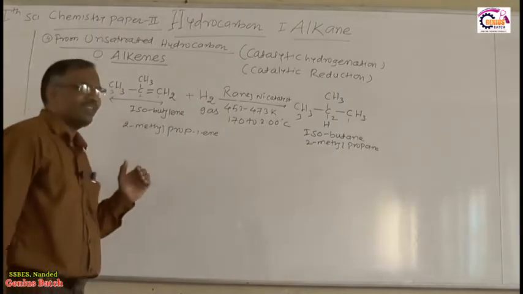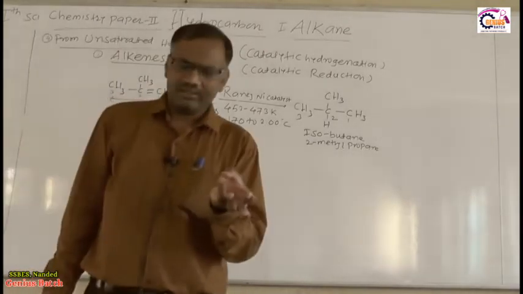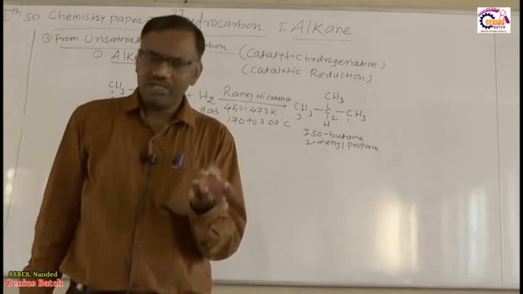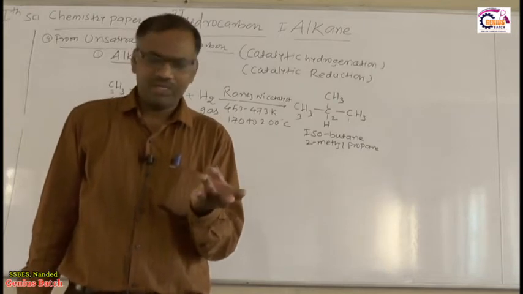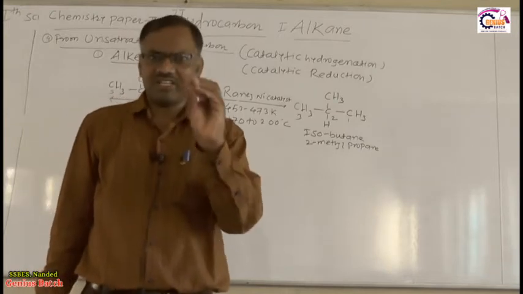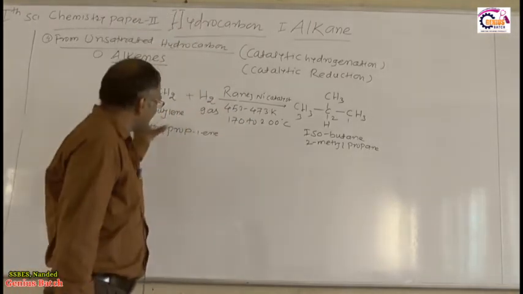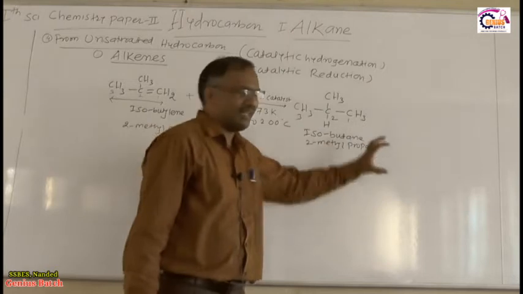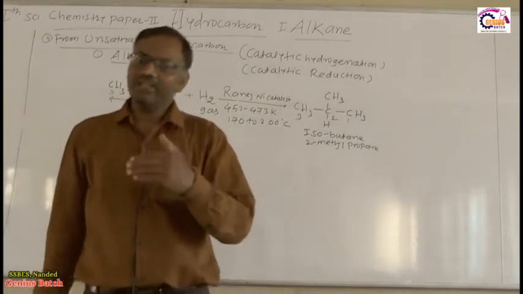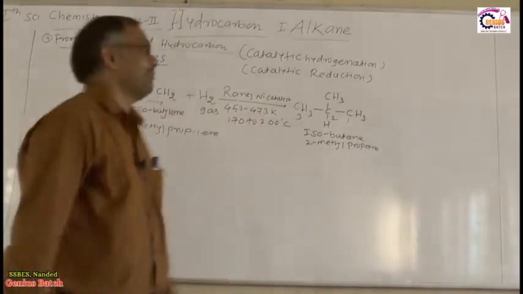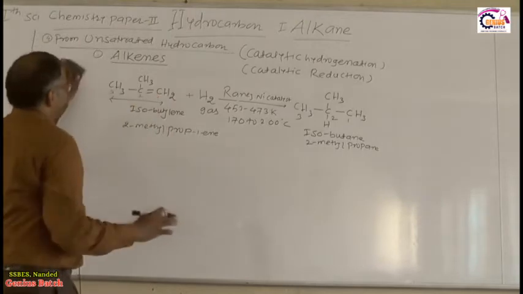Take 1-butene, 2-butene, pentene, and isopentylene. These five examples you have to solve at home. Write the structure first, then write the reaction like this. So this is regarding the alkenes.